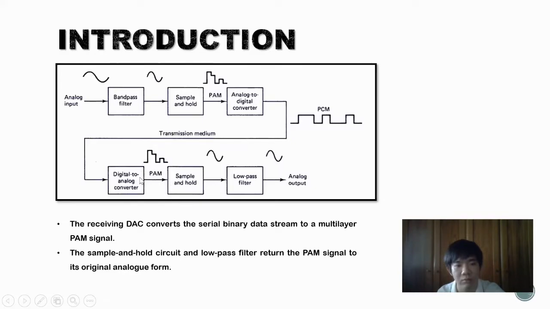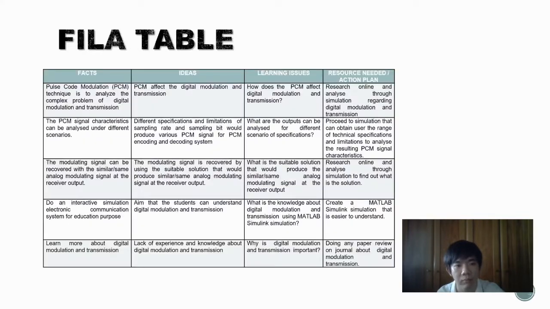After this, we also go through the sample and hold circuit, and the last one is the low pass filter to return the PAM signal to its original analog form. So that is the operation of the PCM system.